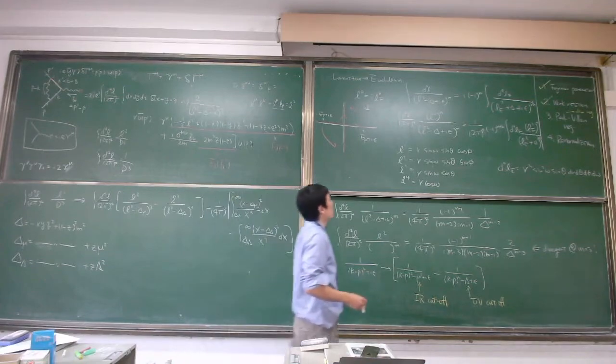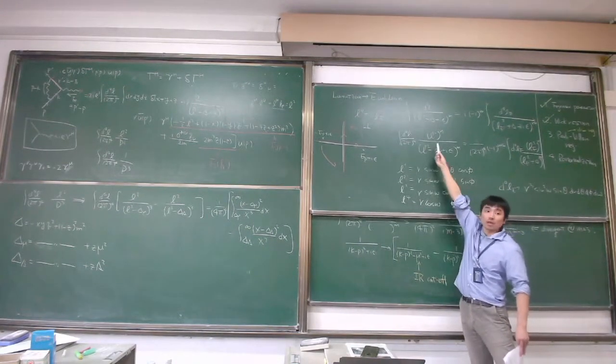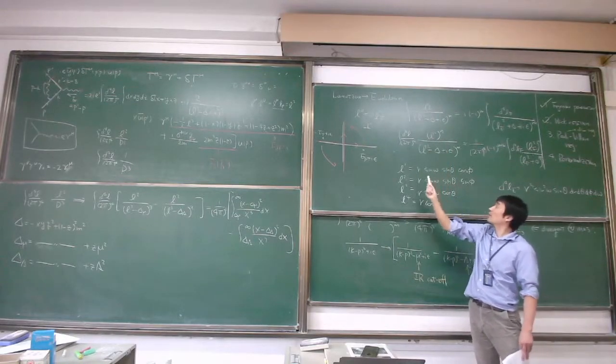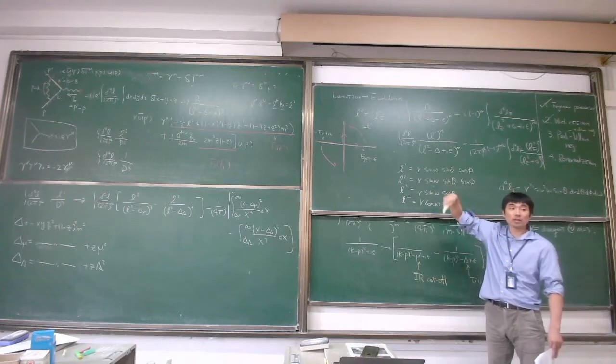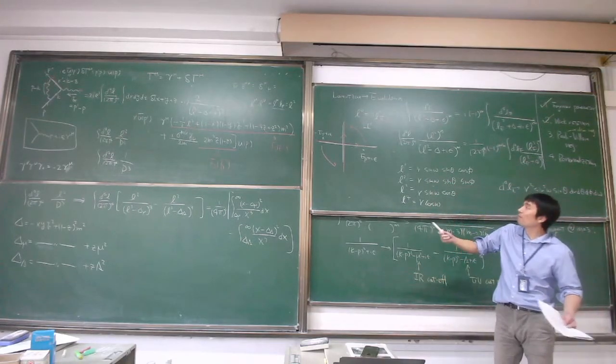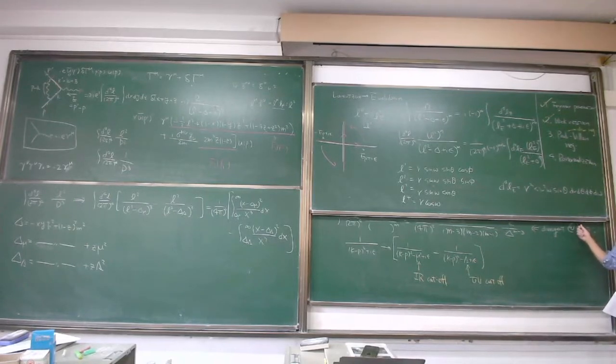As you can easily see, l² only depends on the radial coordinate r if you go to Euclidean space. Therefore the integral over spherical coordinates just gives you the volume of the three-dimensional sphere.